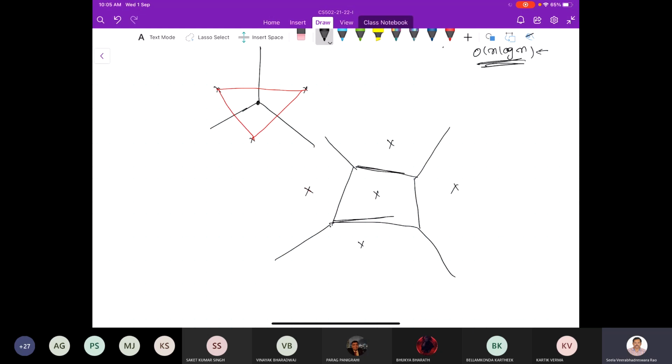Here, in the Delaunay triangulation, for each vertex there is a triangle.